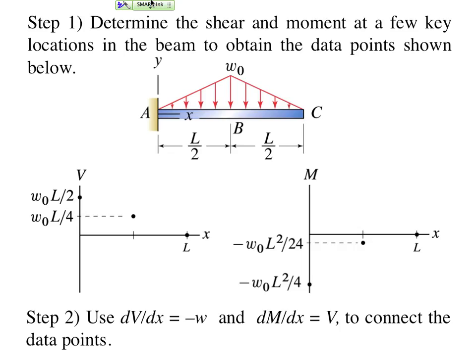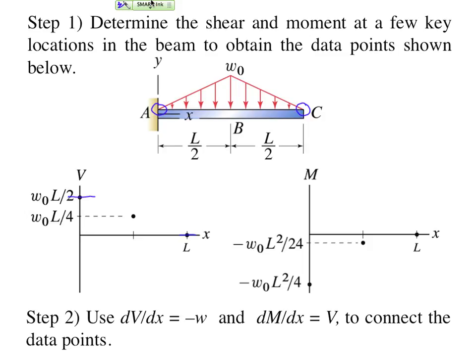Here we've plotted the values of V and M at A, B, and C, and we want to again connect the dots between them. So we first use the fact that the slope of V is equal to the distributed load, and we know that the distributed load starts out at 0, so the slope at A is 0, and it's also the case that the slope at C is 0, so we expect our curve to begin and end with a slope of 0.